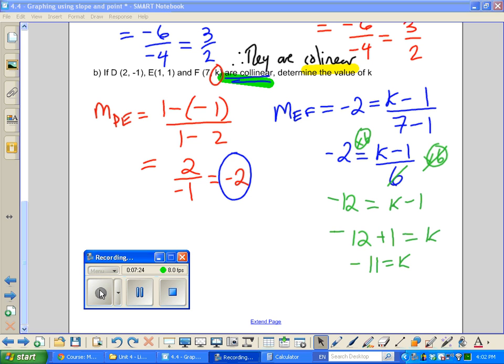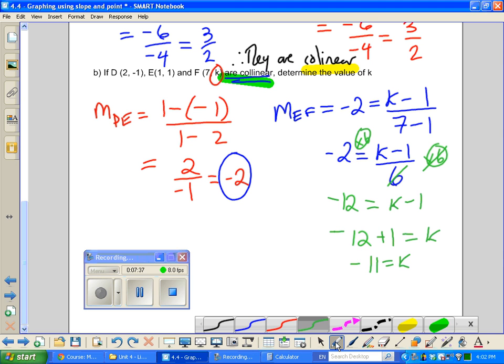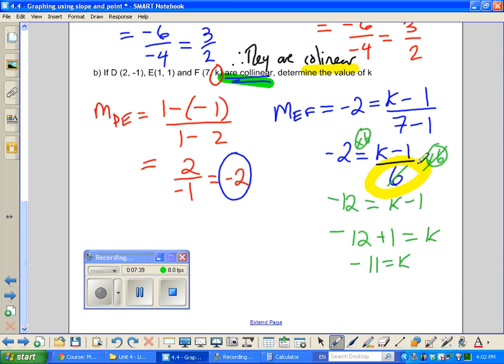All right, take a look at my solution. The slope of EF is equal to negative 2. It's also equal to k minus 1 over 7 minus 1. I could collect the 7 minus 1 as 6, so that's what I've written here in my second step. The next step is to multiply both sides of this equation by 6.